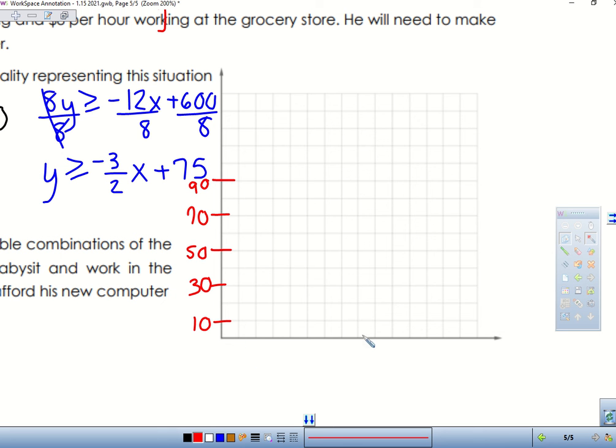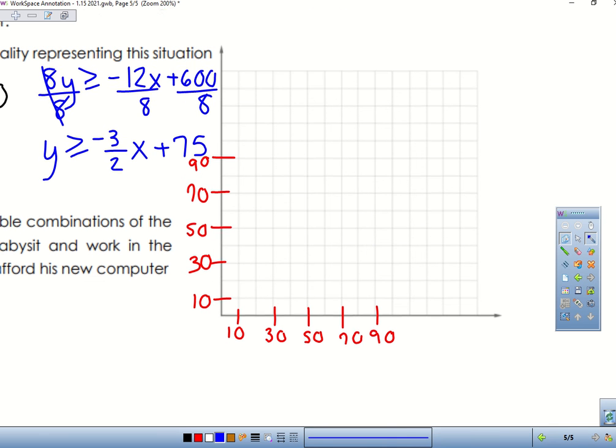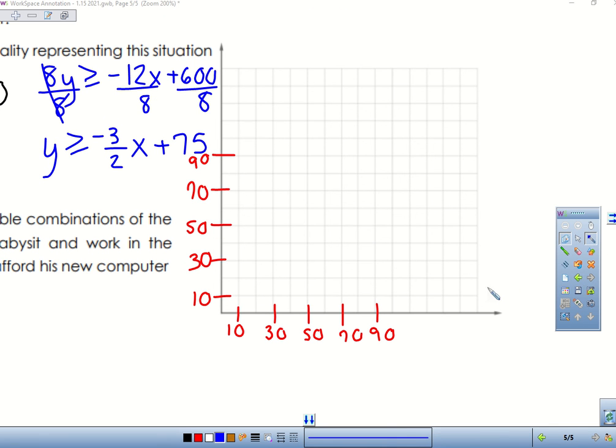And then on the bottom here, we can also go by tens. Like I said, I'm only listing every other just to keep it more spaced out. Keep in mind, you can do different scales on each axis if you want to.